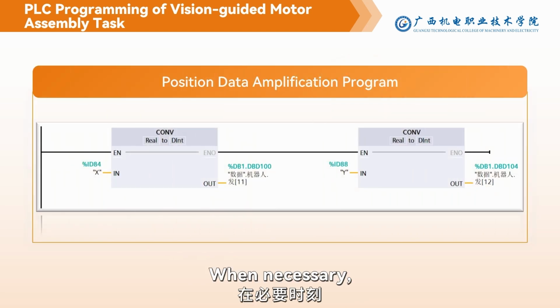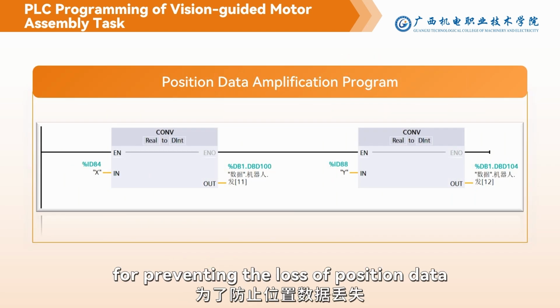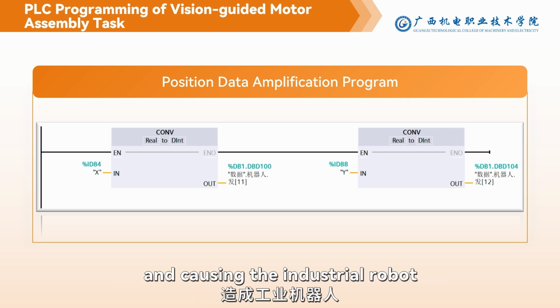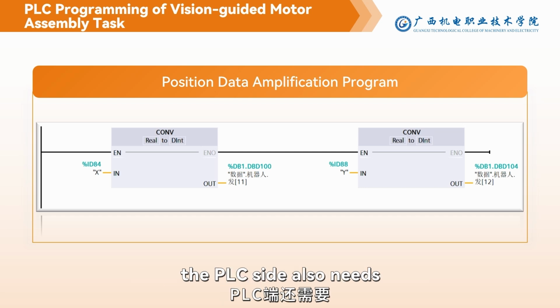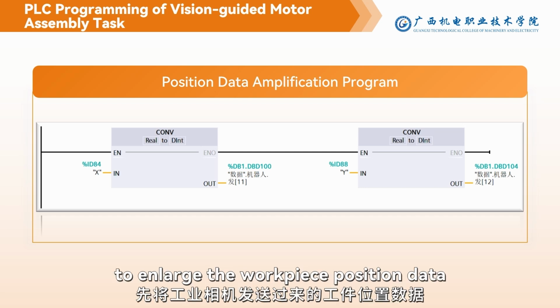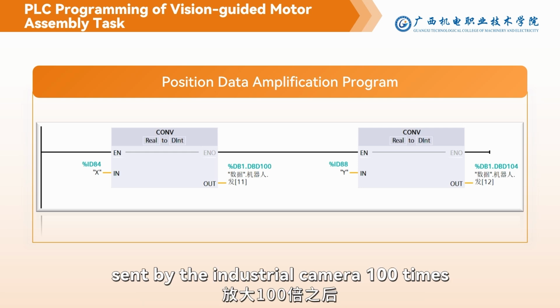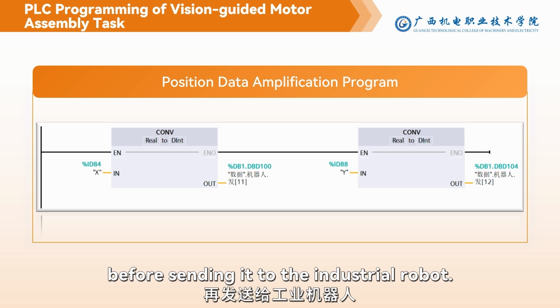When necessary, to prevent the loss of position data, which would cause the industrial robot to grasp the position inaccurately, the PLC side also needs to enlarge the workpiece position data sent by the industrial camera 100 times before sending it to the industrial robot.